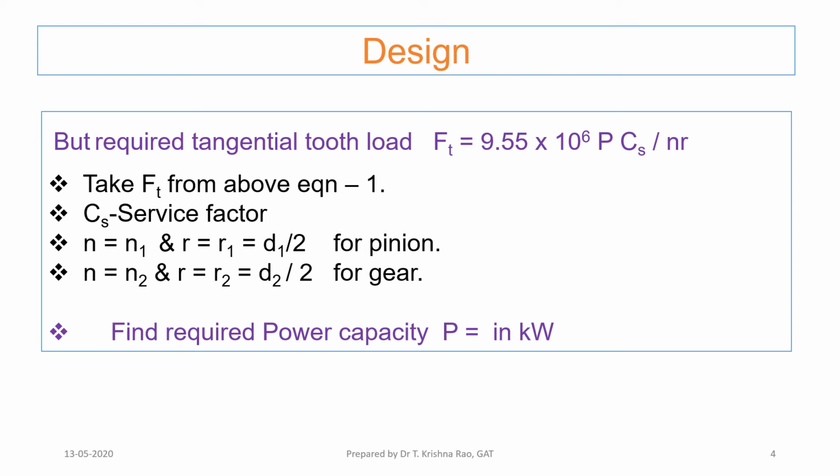Substitute in this equation for the power capacity. This Ft was calculated earlier. P is the power that should be transmitted. Cs is the service factor. Unless otherwise specified, we take Cs as 1.5, and N and R depend on whether the pinion is weak or the gear is weak. We use N1 and R1 for the pinion design, N2, R2 for the gear design, and find out how much power it can transmit. This is from the strength point of view.